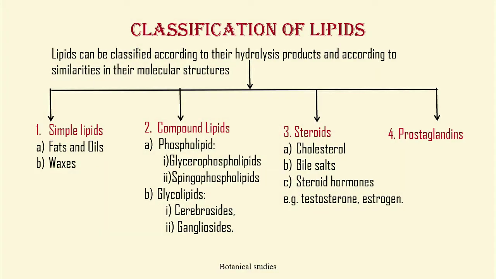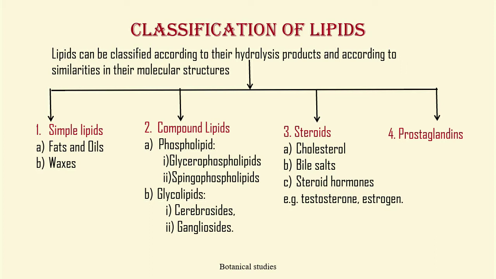Classification of lipids. Lipids can be classified according to their hydrolysis products and according to similarities in their molecular structures. Lipids are classified into four different groups: simple lipids, compound lipids, steroids, and prostaglandins. Simple lipids are further classified into fats and oils, and waxes, while compound lipids are classified into phospholipids and glycolipids.